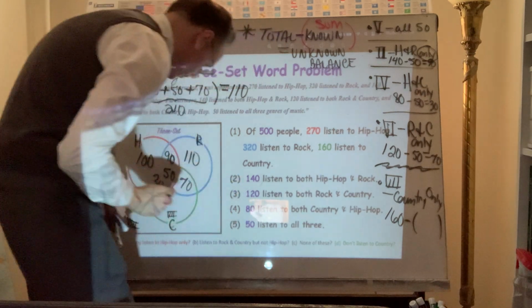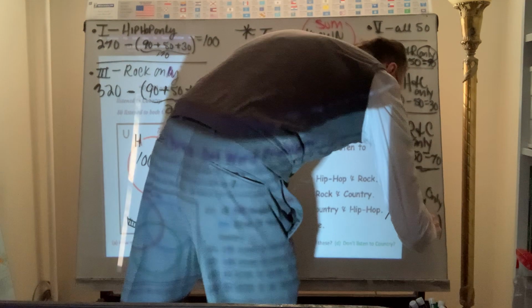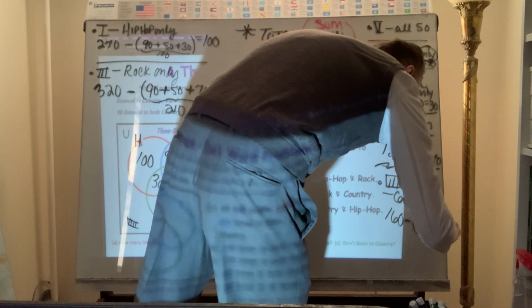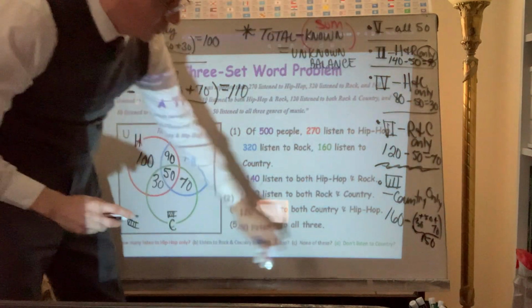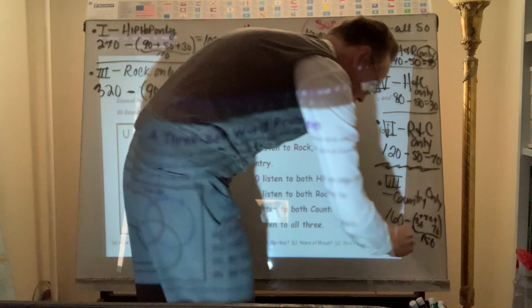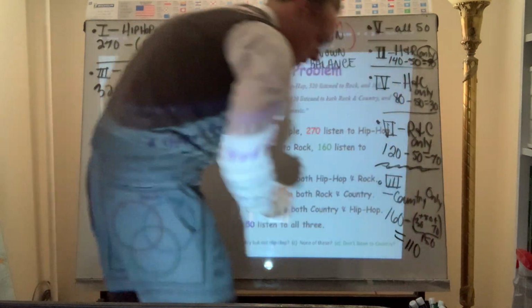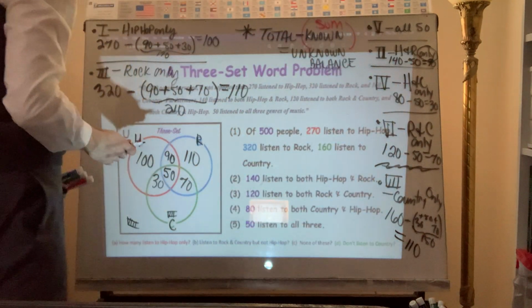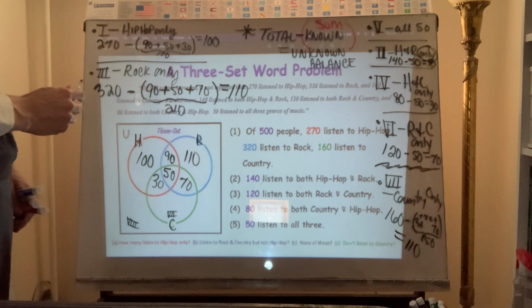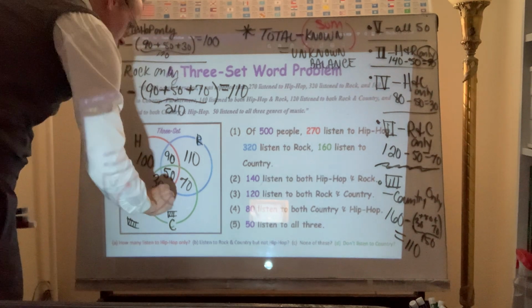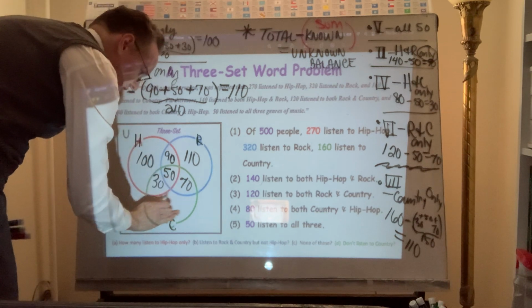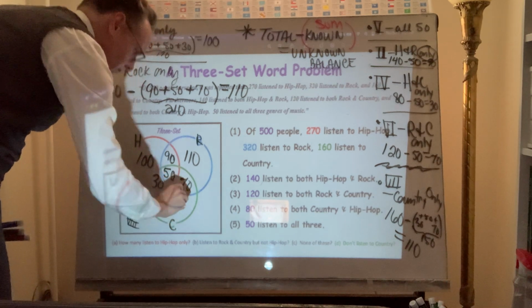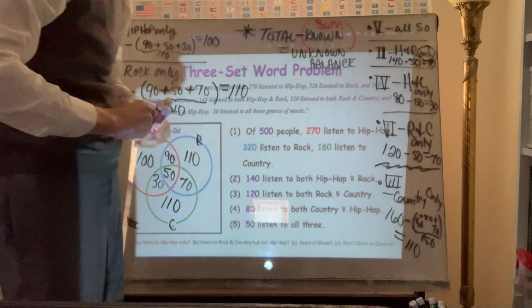So that looks like 30 plus 50 plus 70 is actually 150. So 160 minus 150 should equal 110, coincidentally, right? So in region 7, 110, unless I missed it somehow.